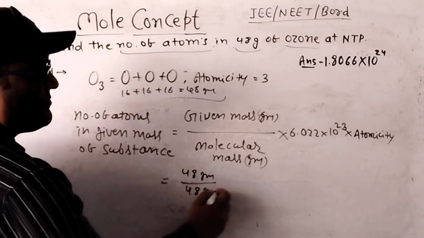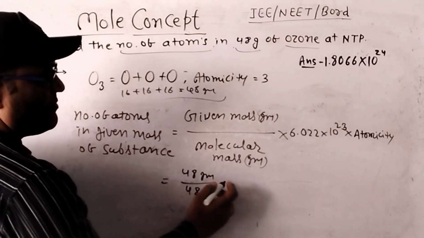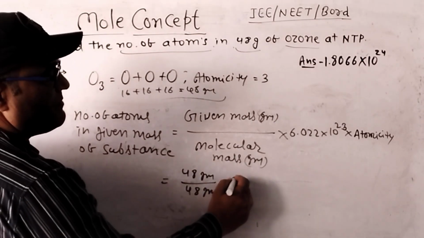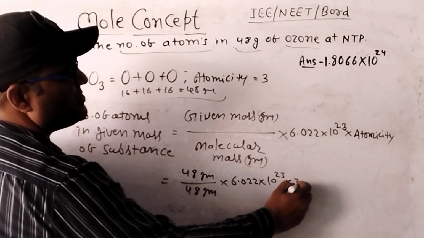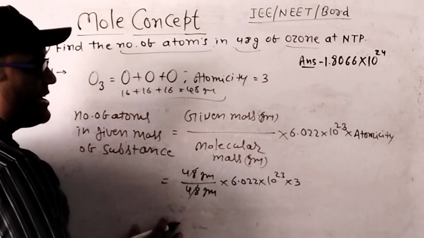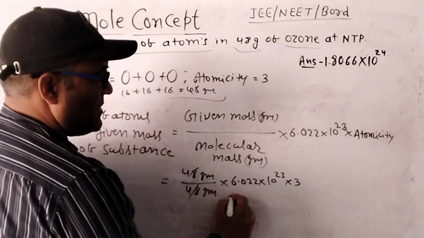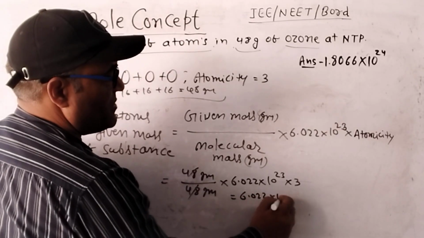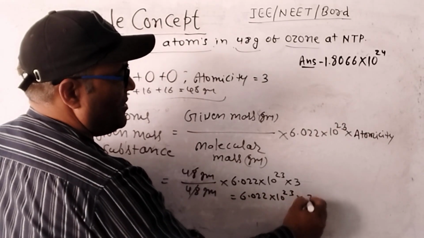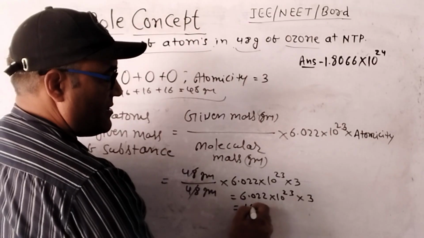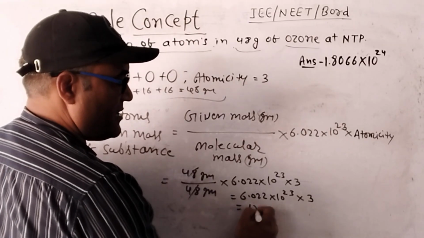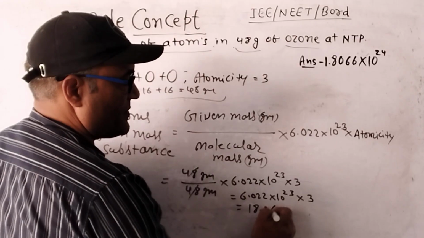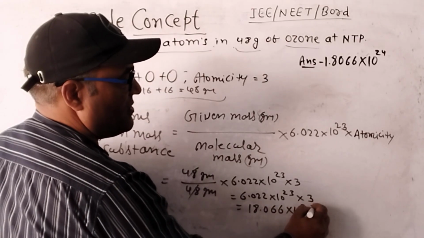So 48 gram over the molecular weight of O3 ozone, multiplied by 6.022 into 10 to the power 23 into atomicity 3. After multiplication of 6.022 into 10 to the power 23 into 3, we get 18.066 into 10 to the power 23.